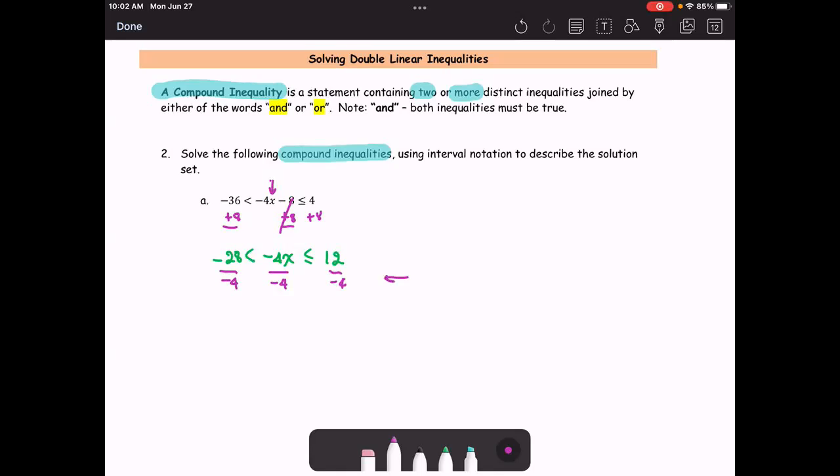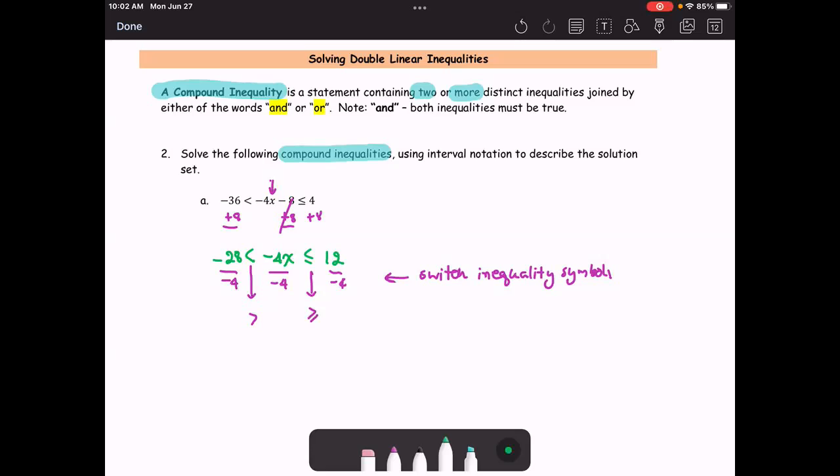This time we multiply or divide by a negative number, so we're going to switch the inequality symbols. We swap them from strictly less than to strictly greater than, and from less than or equal to greater than or equal to.